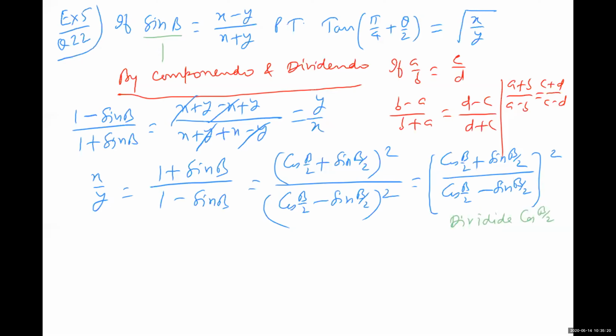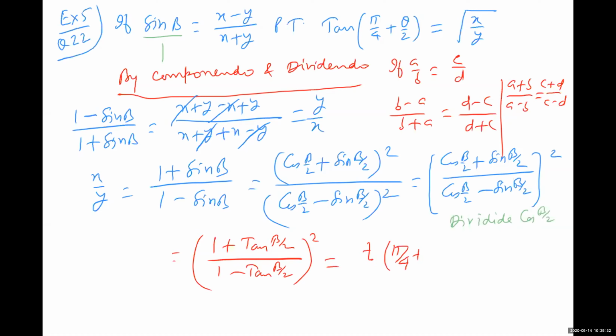You will get 1 plus tan b by 2 upon 1 minus tan b by 2, whole square. So this is nothing but tan of pi by 4 plus b by 2, whole square. So this gives tan of pi by 4 plus b by 2 is equal to plus minus under root x upon y. This will be the answer. So here plus minus sign must be there. Are you understood? So this is your question number 22.